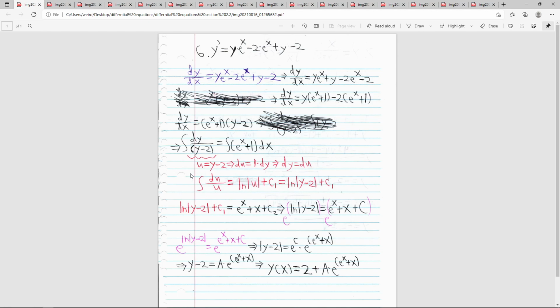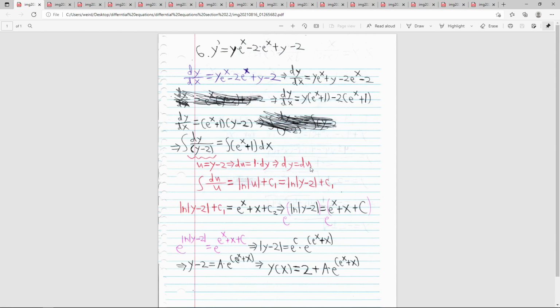Then you integrate, and we have to do the first use of u substitution so far. When you're trying to do this, the proper way, you have to do u substitution. So u equals y minus 2. That means that du is dy, because the derivative of y minus 2 is just 1 dy.